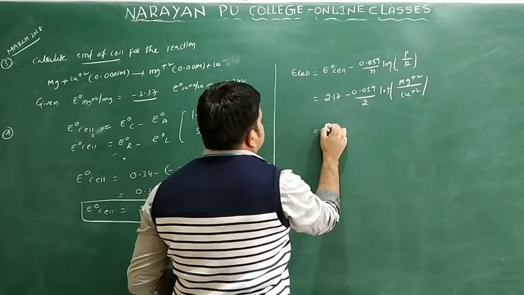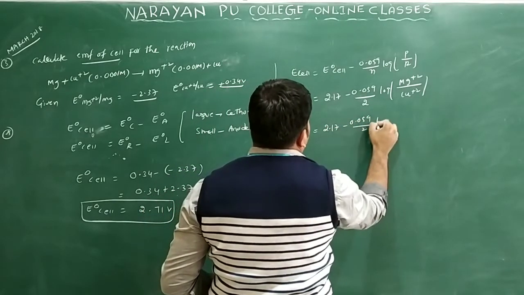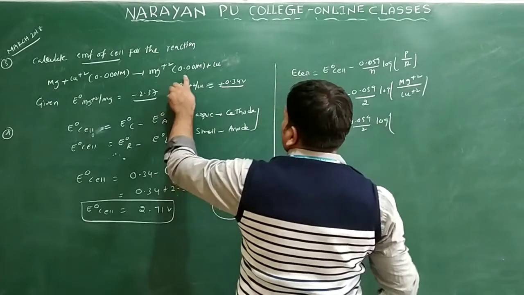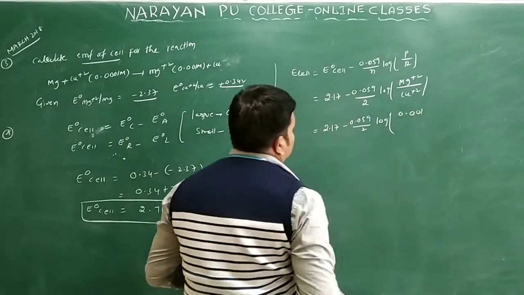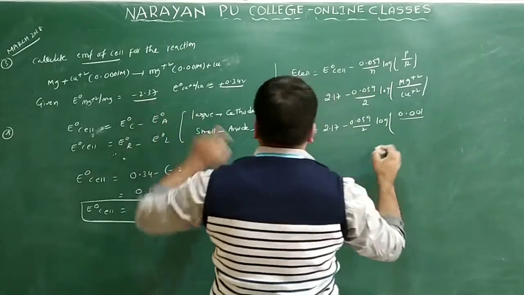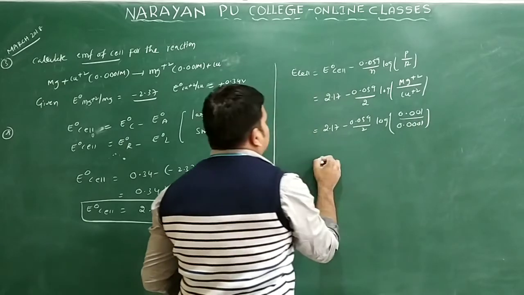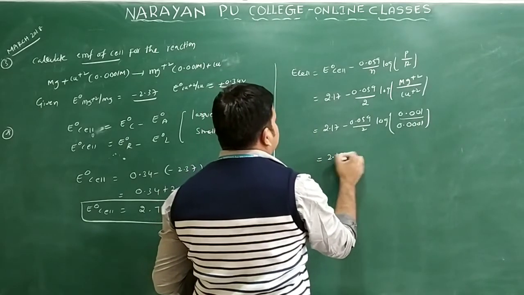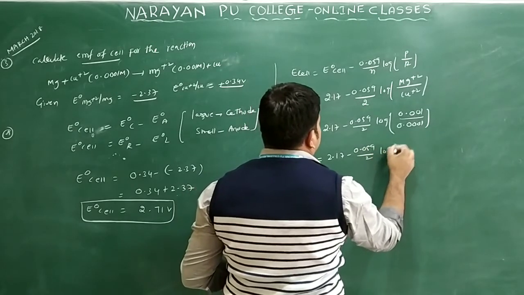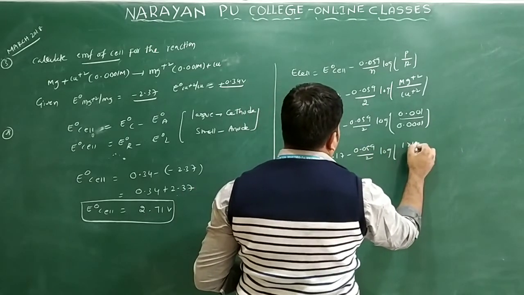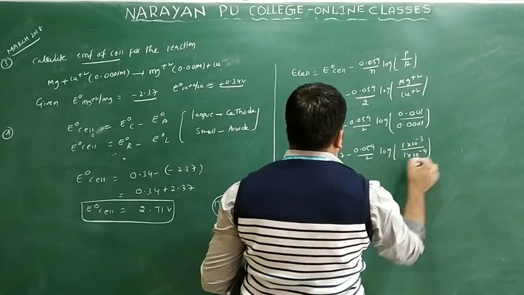So this is 2.71 minus 0.059 by 2 into log, the concentration of Mg plus 2 is 0.001, by the concentration of Cu plus 2, 0.0001. That is log of 1 into 10 power minus 3 by 1 into 10 power minus 4.